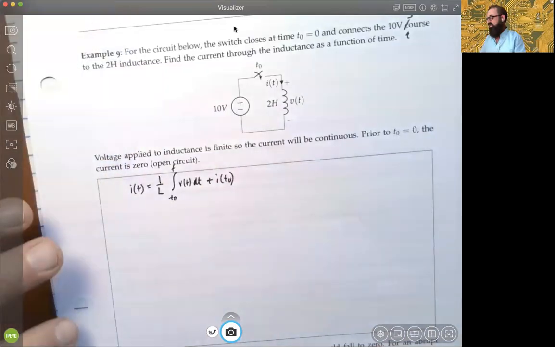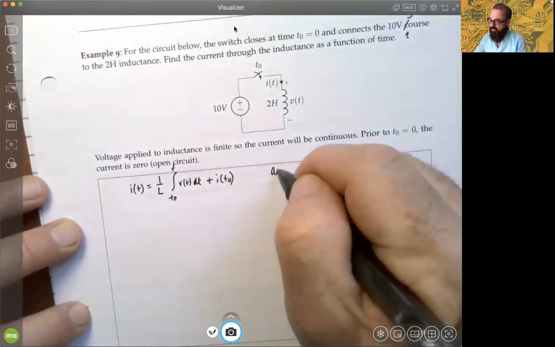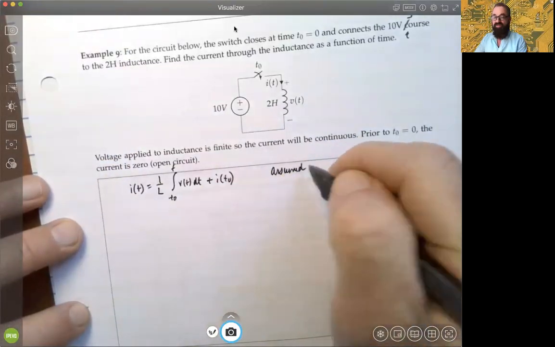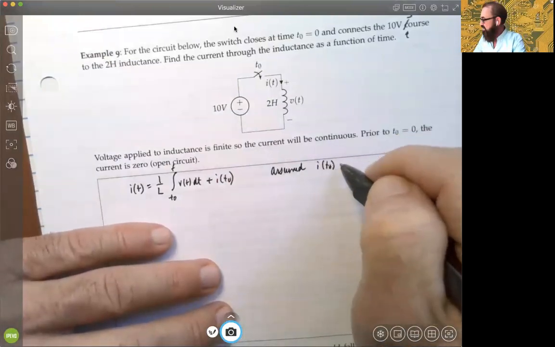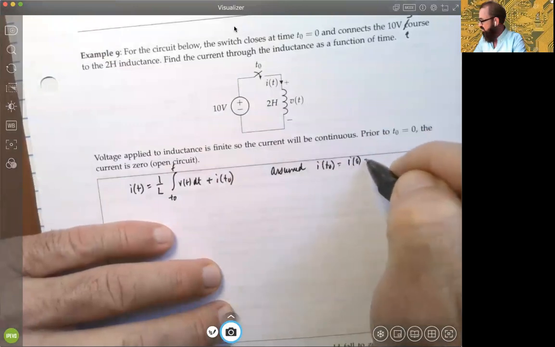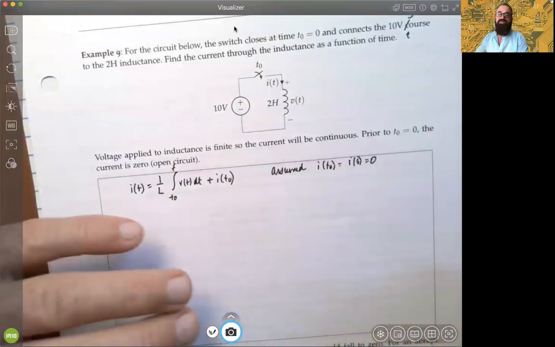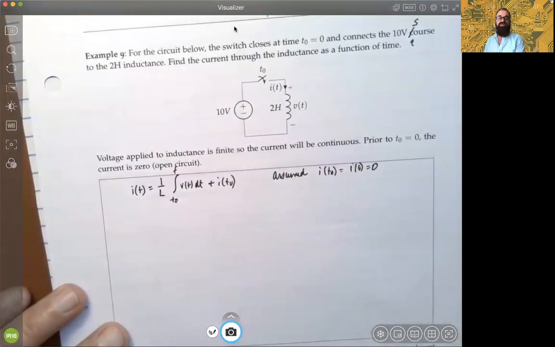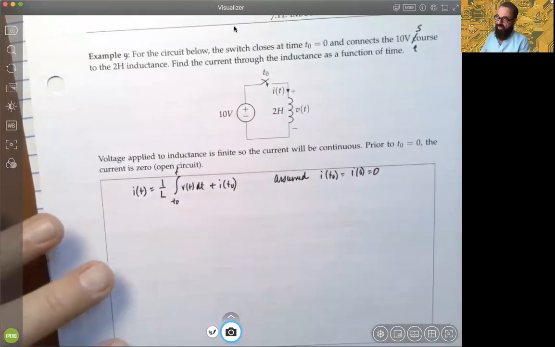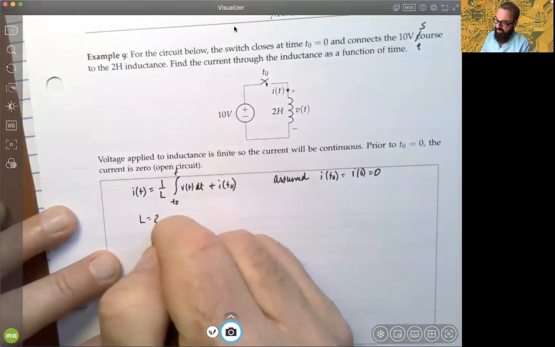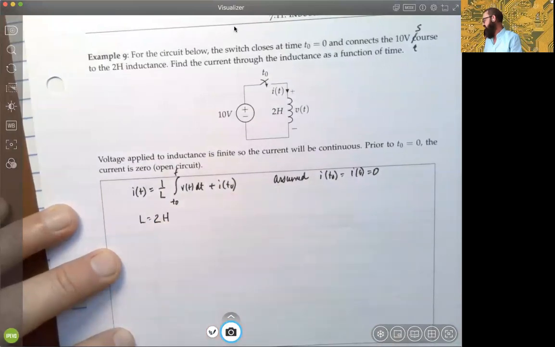We've already assumed, because of the switch, that I of T0, which will be I of 0, is 0. That was our assumption, that you don't have any current to start with. We know that L is 2 Henries, which was given to us.